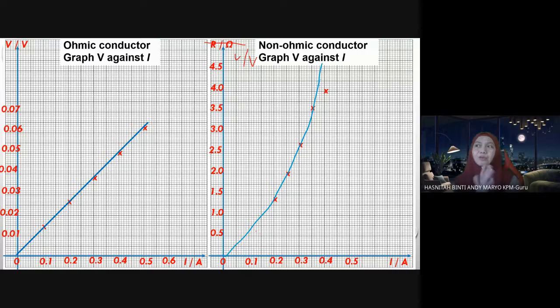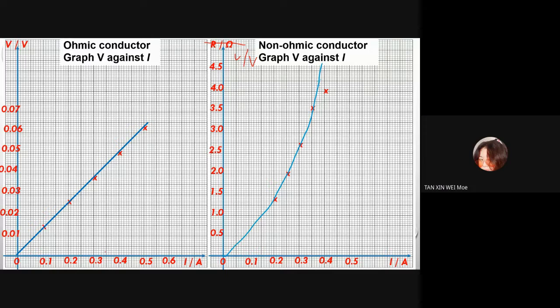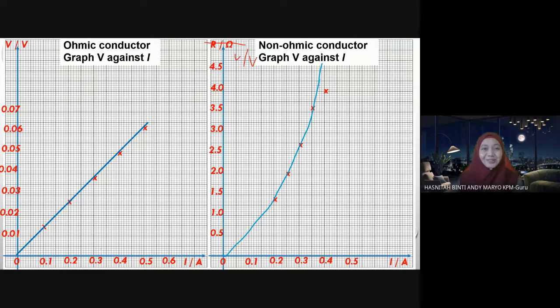So what can you say about the relationship between V and I here in the second graph, students? Inversely? Are you sure? You only can say the voltage here increases with the current. The potential difference increases when the current increases.